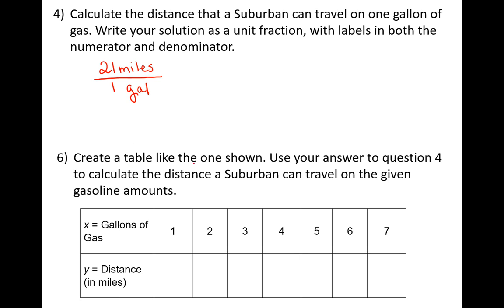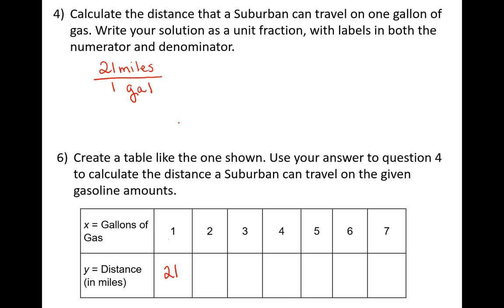It says create a table like the one shown. Use your answer to question 4 to calculate the distance a Suburban can travel on the given gasoline amounts. Well, if we have 1 gallon of gas, we will go 21 miles.